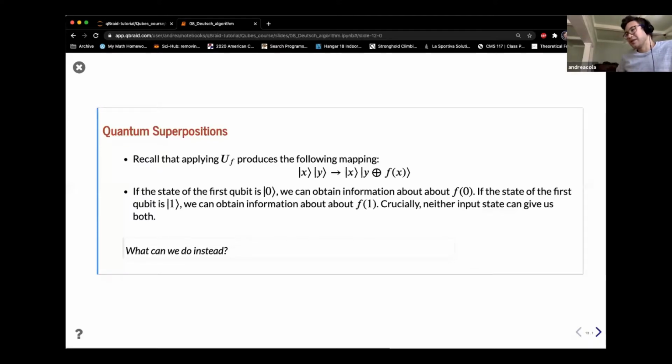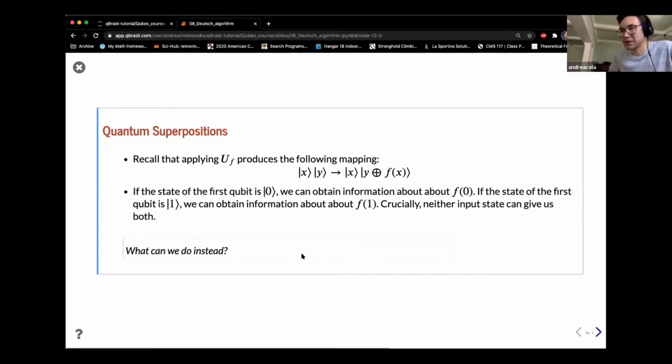But crucially, neither of those inputs gives us information about both f(0) and f(1), which is what we need to determine whether f is balanced or not. And recall that the answer to whether f is constant or balanced is equivalent to determining the value of f(0) XOR f(1).